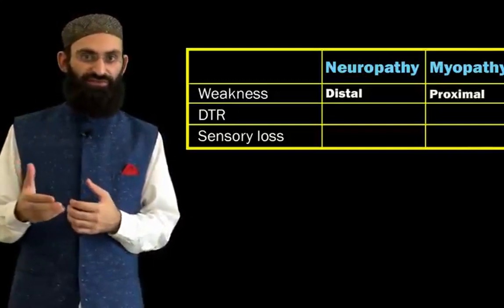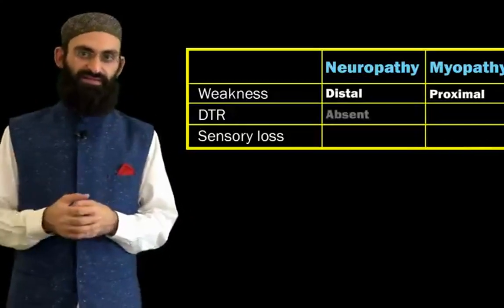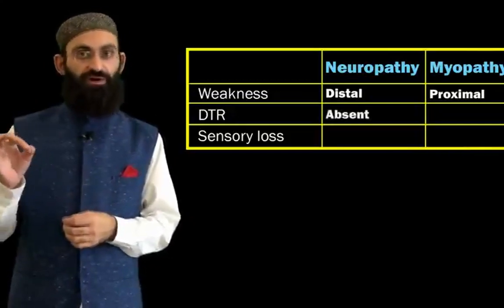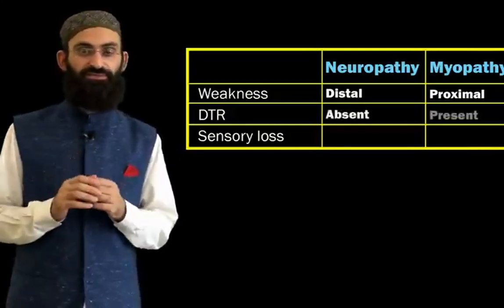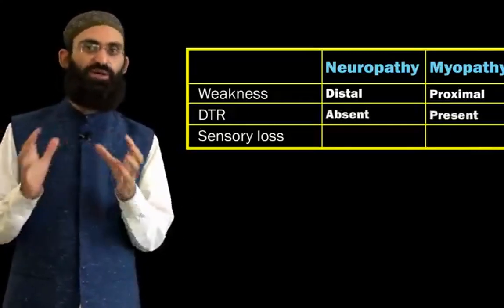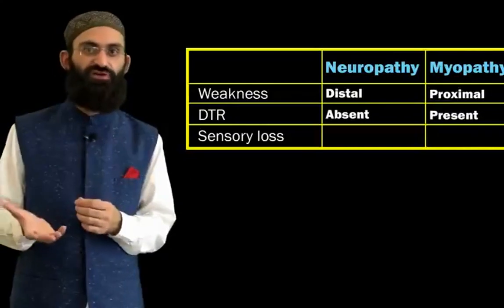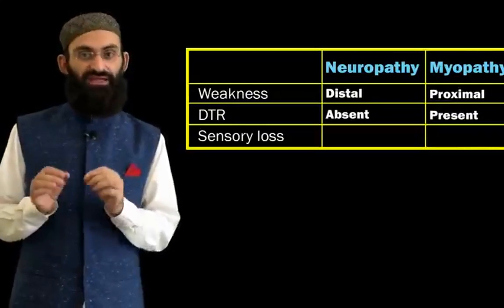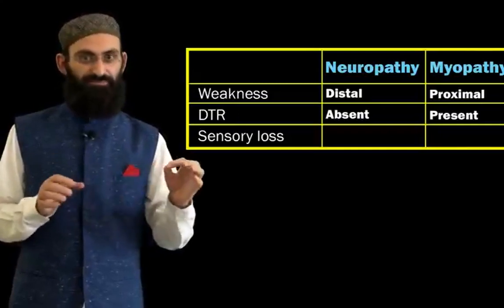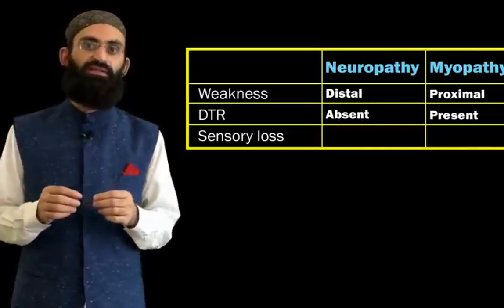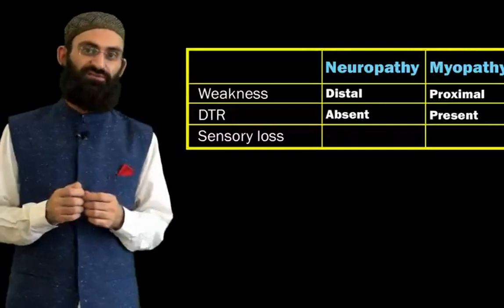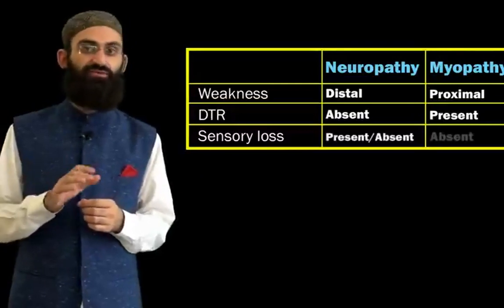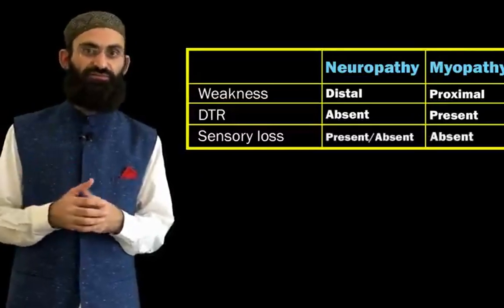In cases of neuropathy, deep tendon reflexes are absent, but in cases of myopathy, generally deep tendon reflexes are preserved, except in very advanced cases there may be contracture formation and then deep tendon reflexes may be absent. Another important point is that in case of mixed polyneuropathy, in addition to motor weakness, there would be sensory deficit as well, which is not seen in cases of myopathy.